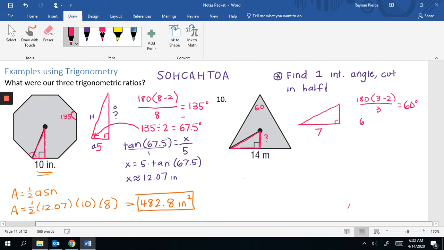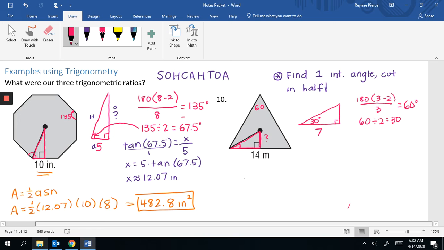But when we cut that in half, that tells us the measure of this angle right here. That radius cuts that interior angle in half. So we've actually got a 30, 60, 90 here.